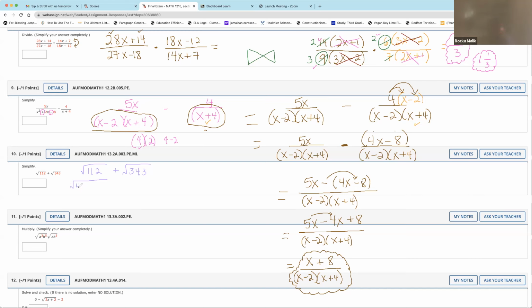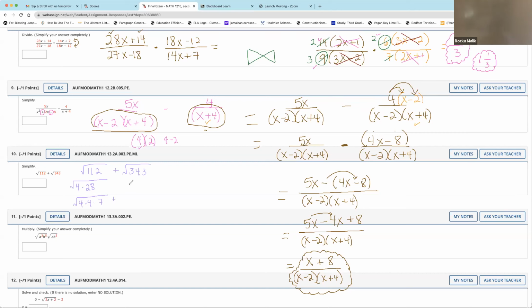So 4 times 28. 28 is 112. And I can go again with 28 because 28 is 4 times 7. So I really have 4 times 4 times 7. Make sure that's 28. 4 times 4 times 7. Yes, 112.